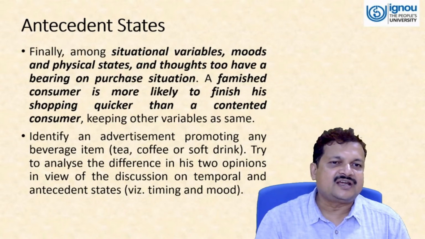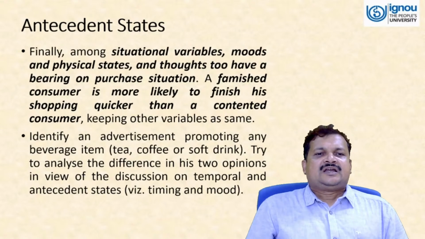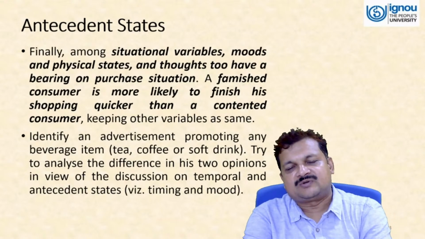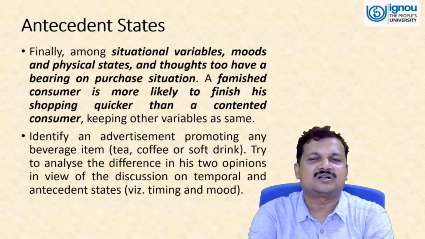In advertisements, mostly we find beverage items, tea and coffee. Try to analyze the difference in opinions and views in the temporal and digital state. When you are consuming tea and coffee, we mostly know it very well: those who are regular tea consumers never prefer coffee, because coffee is mostly based on a particular mood.